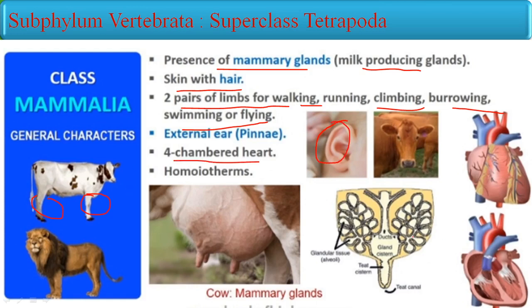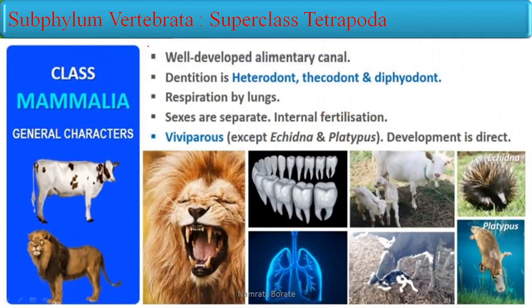The heart is a four-chambered heart, that is two auricles and two ventricles. The organisms are homeotherms. Next, there is a well-developed alimentary canal. Dentition is heterodont, that is, four different forms of teeth are there, and it is thecodont and diphyodont also. Respiration is by means of lungs.